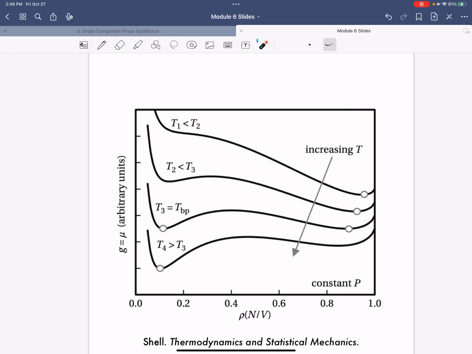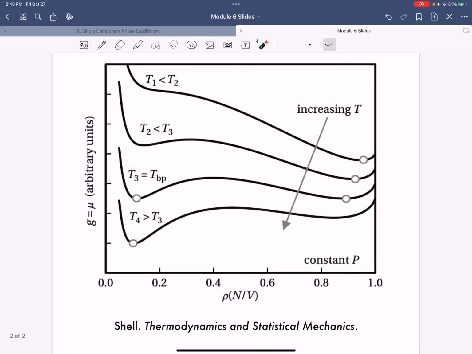And so here, what we're seeing is a case in which we vary rho and see what the molar Gibbs energy curve looks like. You remember, previously we said for a one-component system, that's equal to the chemical potential. Okay. All right. So we see that at very low temperatures, so this is just saying some T1 less than some T2 value, if we plot G molar versus rho, the curve basically has one minimum here, right?